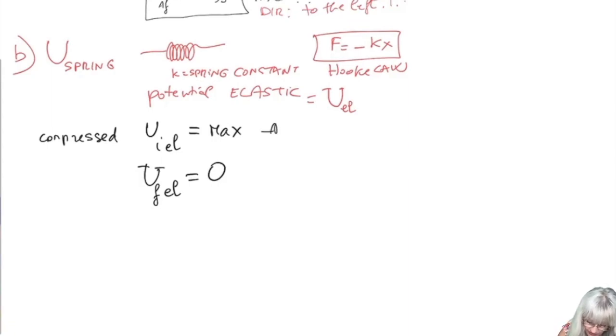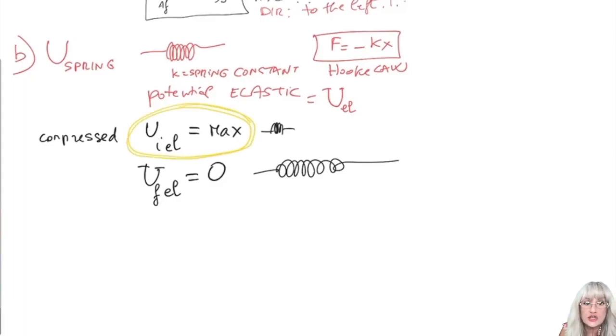So here it is compressed, and here the spring really doesn't have any more potential. It reaches its maximum stretching, its maximum elongation. So we need only to reason on this initial elastic potential energy. Let me write it down like this: capital U elastic, initial.